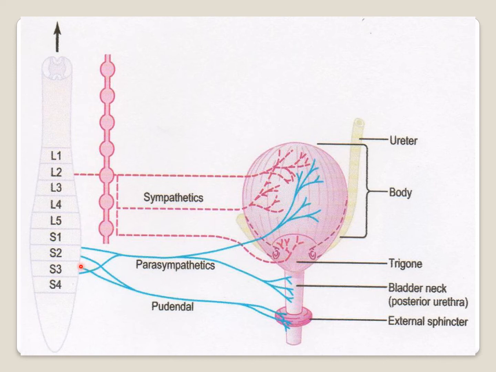This is the pudendal nerve, which contains the skeletal or somatic motor fibers that supply the external bladder sphincter. And this is the sympathetic hypogastric nerve, which connects with the sympathetic chain and then supplies the bladder, especially the blood vessels of the bladder.